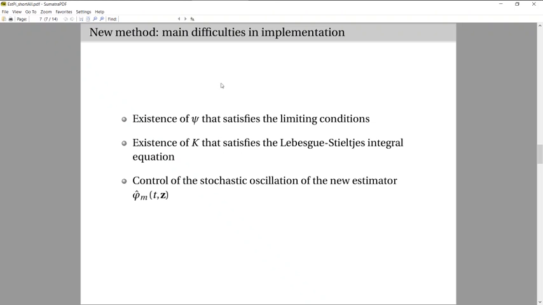The main difficulties in implementing the method are given below. They concern the existence of psi that satisfies the limiting conditions, the existence of k that satisfies the Lebesgue-Stieltjes integral equation, and the control of the stochastic oscillation of the new estimator.